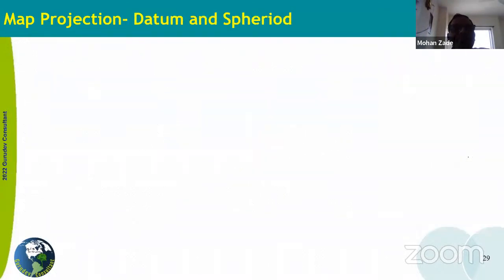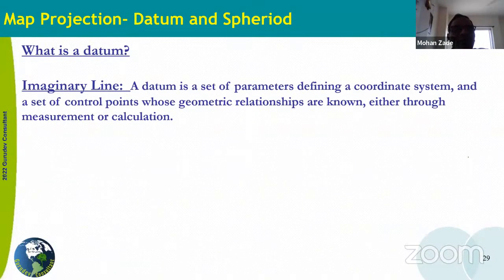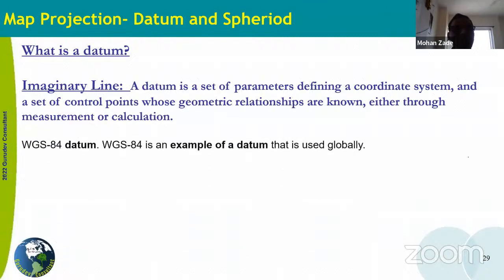When it comes to map projections, you must know the datum and spheroid also. So datum is the imaginary lines on which the coordinate systems are based, because on top of it all the geometric calculations are built and measured.